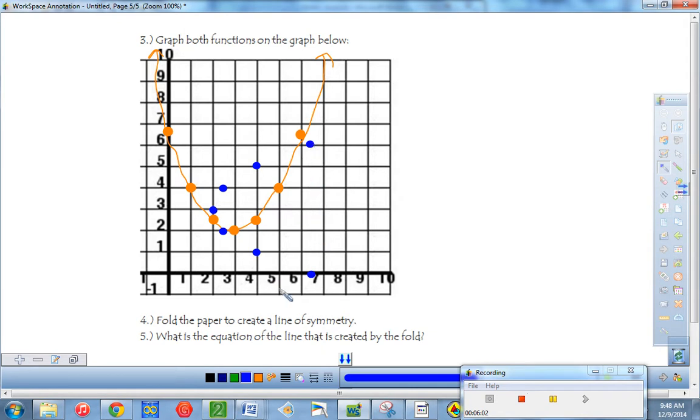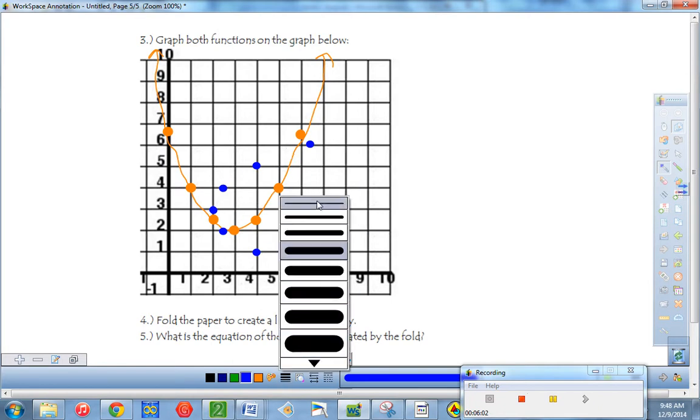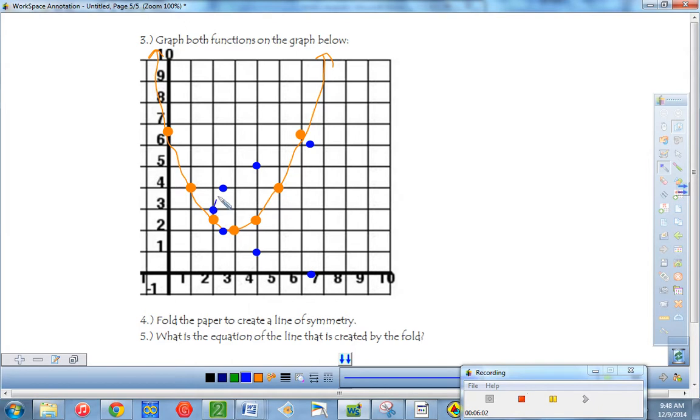So hopefully you can see that this is not a function. The blue one is not a function because we have multiple y values for our x values here. Okay, and then go ahead and pop a little curve here. So orange is our original function, and blue is our f inverse of x. Orange is our f of x.